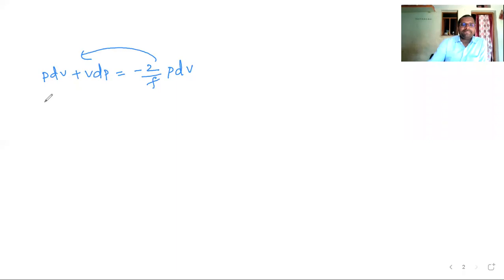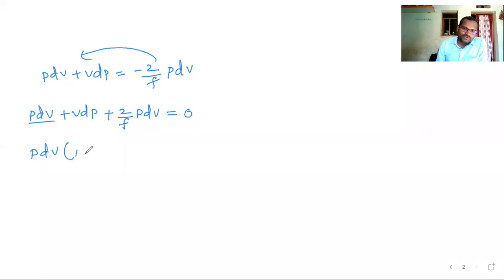So we will get PdV plus VdP plus 2 by F PdV is equal to 0. Let us take PdV common.